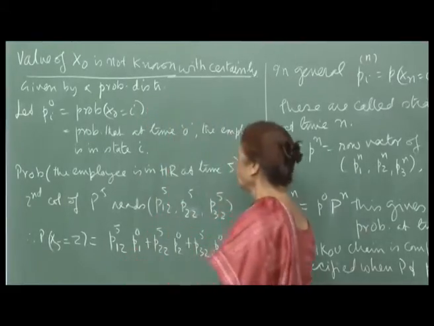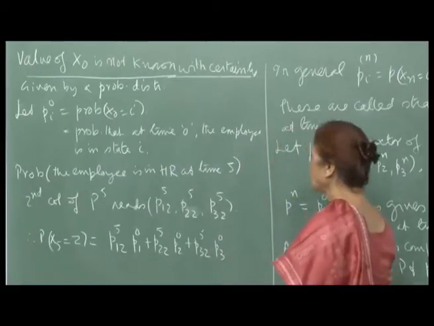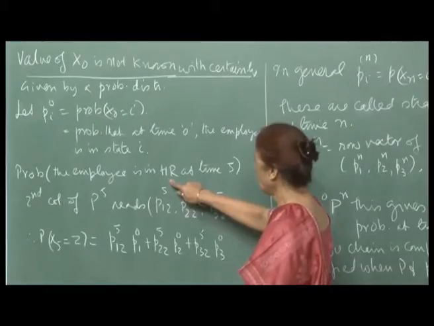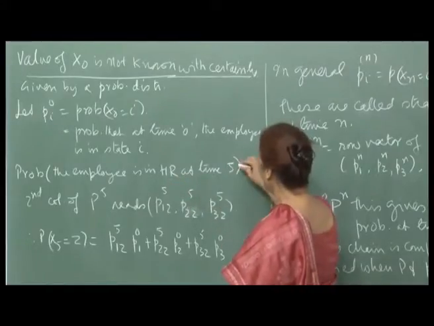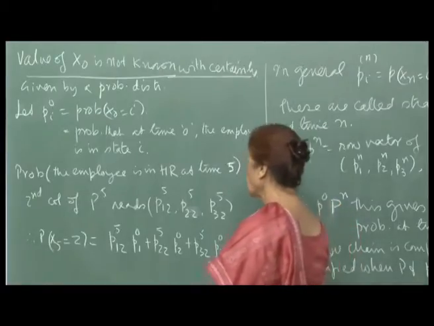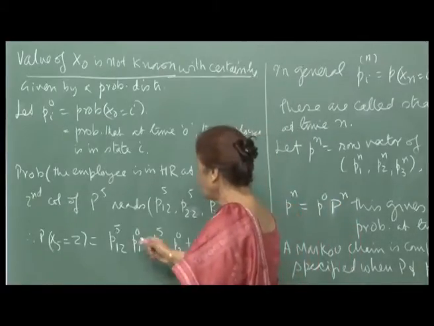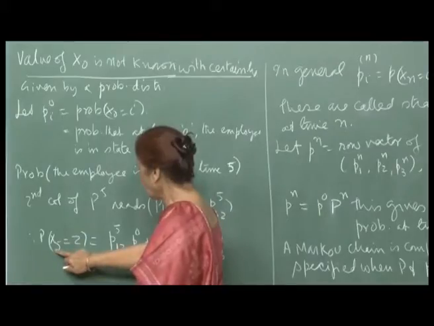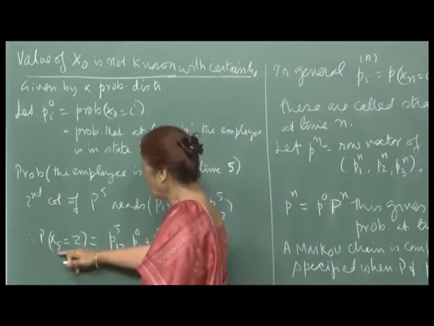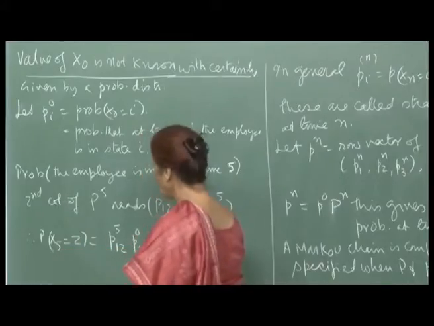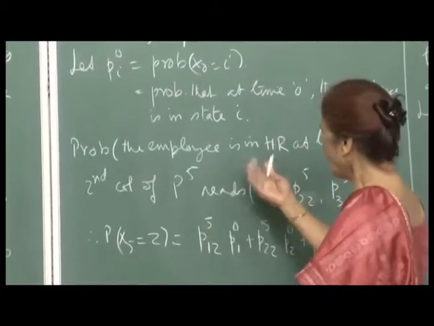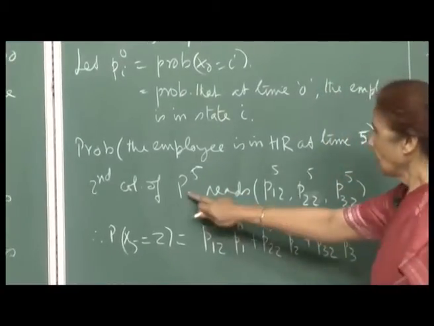Now, if you want to compute the probability that the employee is in HR, in human resource division, at time 5, let us see, we want to compute the probability that x 5 is equal to 2. So, the particular employee at time period 5 is in HR, right. Now, let us see the column of P 5, remember the 5 step transition probabilities are given by P 5.